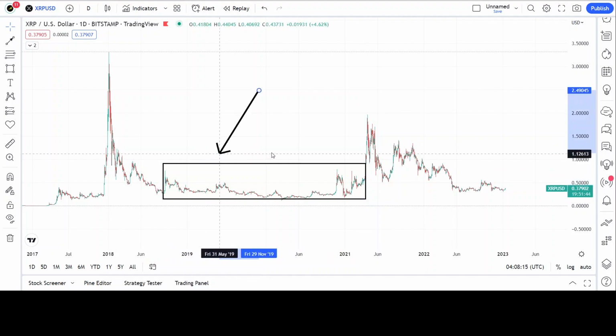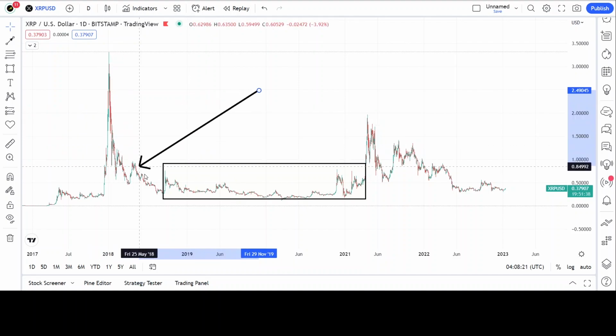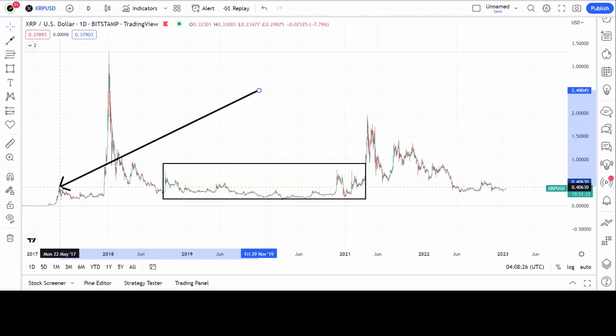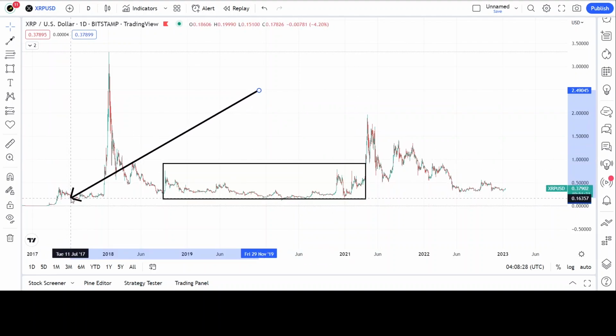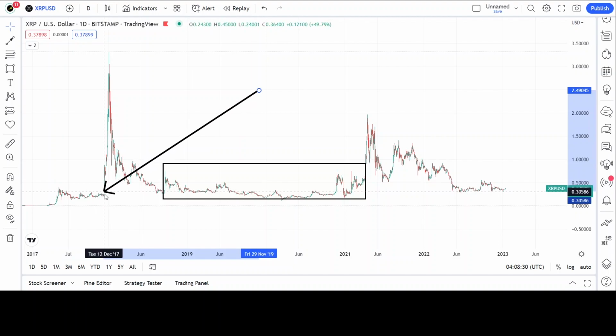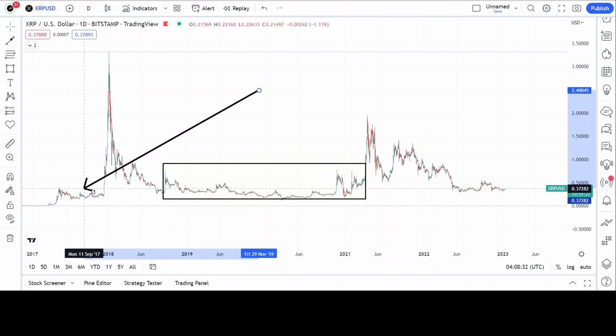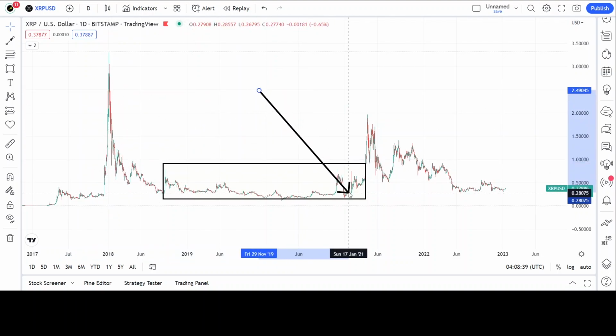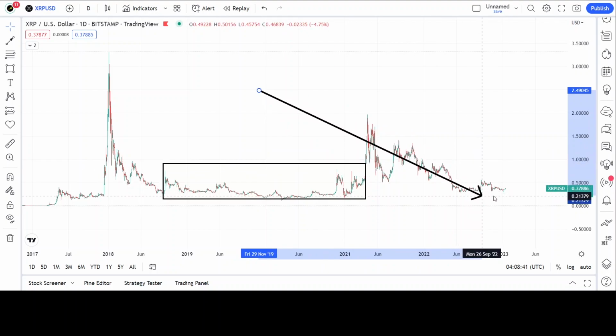And this greater structure right here is a range-bound sideways time that exists after a bear market and before the next bull run. So over here, we see how there was a bull run here, there was a decline or a bear market, and then we had this sideways range-bound time right here that existed before this bull run took place. So that's what this is, and that is what we are currently moving into.